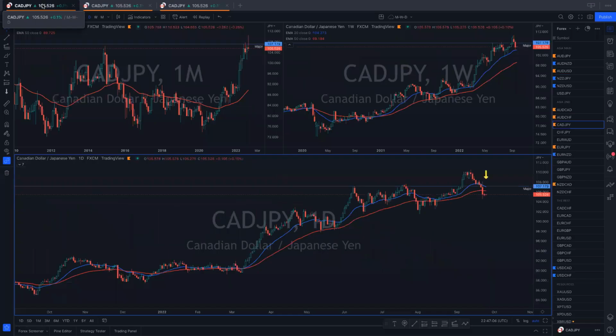So CAD yen. So the yen has found some strength. Been doing well for the last week or so. It's still got a long way to go potentially. There was some news on Thursday or Friday last week.